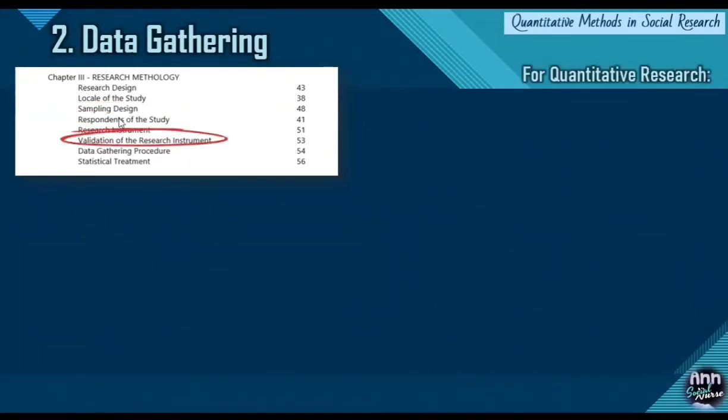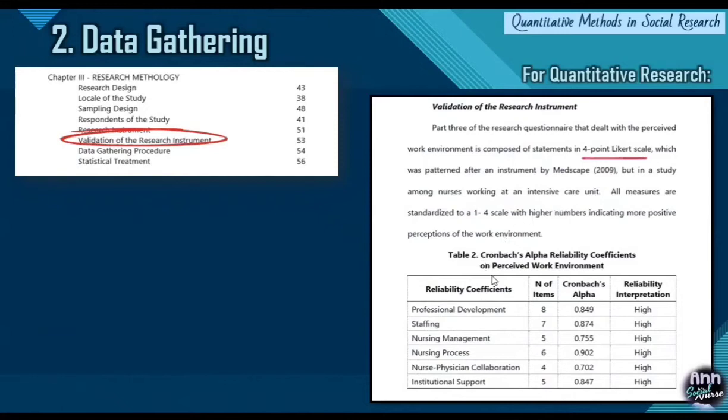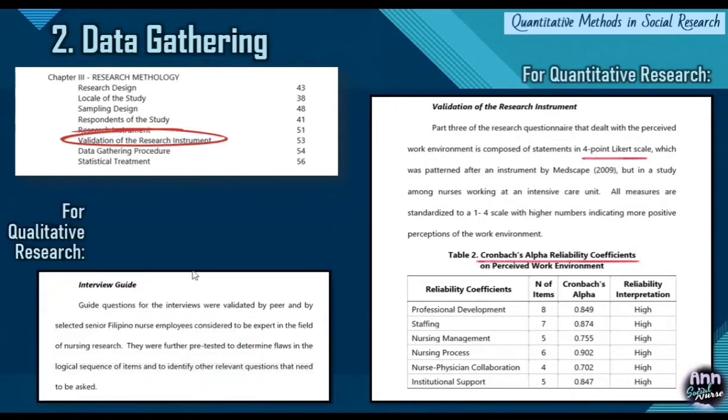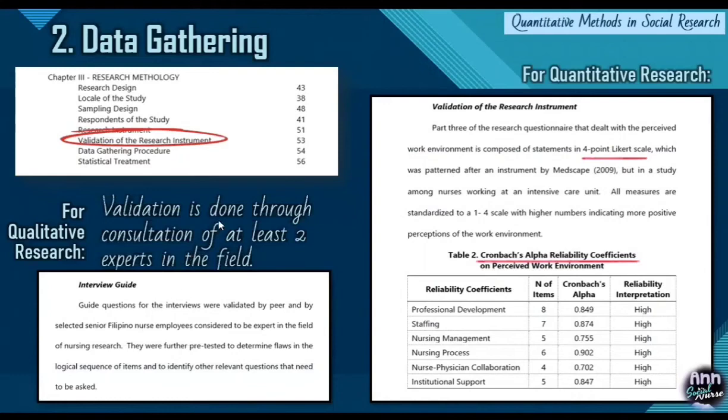Let's proceed to the validation of the research instrument. It is a 4-point Likert scale, patterned after an instrument by Medscape, which had to be tested with Cronbach's alpha reliability coefficients. For the qualitative research, the validation is done through consultation of at least 2 experts in the field.